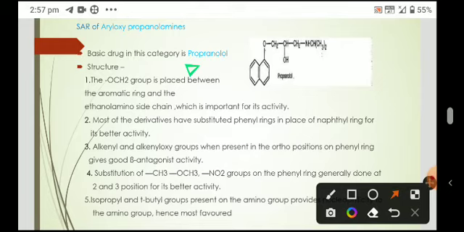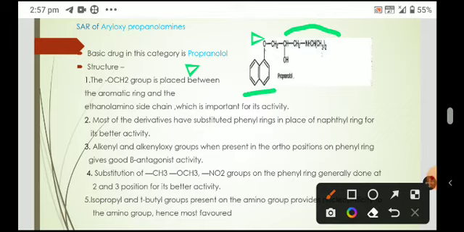The OCH2 group is placed between the aromatic ring and the ethanolamine side chain, which is important for its activity. Means this aromatic ring and this is the further ring, the ethanolamine side chain. So in between these two, the OCH2 group is placed for its better activity.